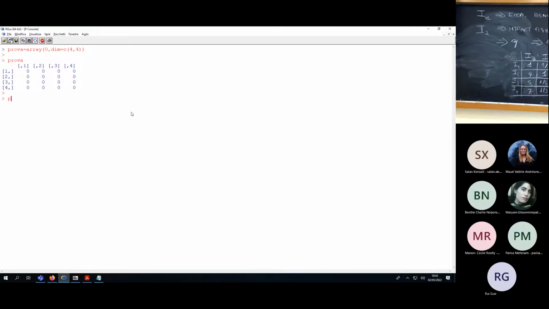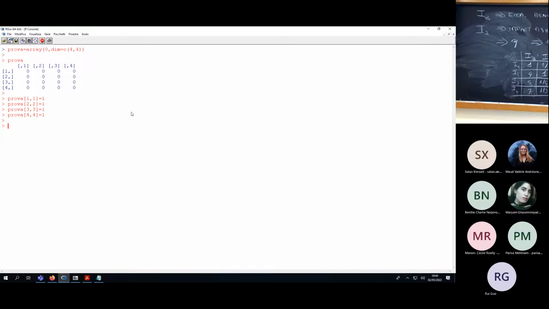So I think we don't have any other choice than writing prova 1 equal 1, and then prova 2 equal 1, prova 3 equal 1, prova 4 equal 1.